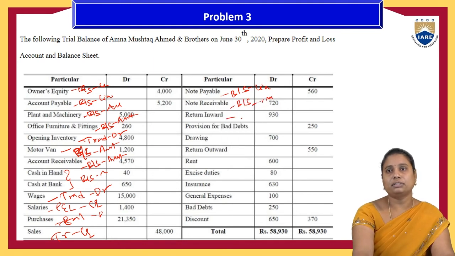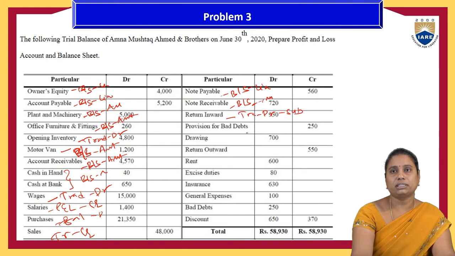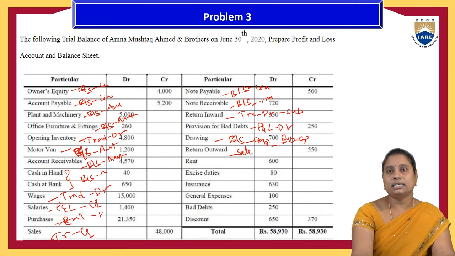Return inwards, that is purchase returns, trading account debit side, we have to subtract from the purchases. Provision for bad debts, profit and loss account debit side. Drawings, in the balance sheet we need to write under the liabilities, less, subtracted from the capital. Returns outwards, that is sales returns, trading account credit side, we need to subtract from the sales.